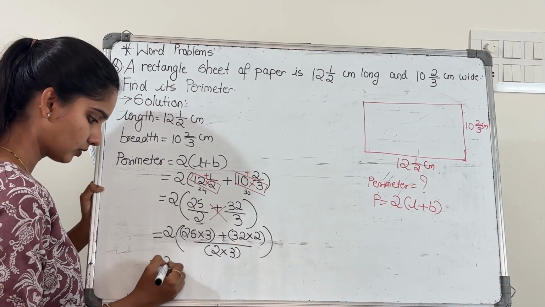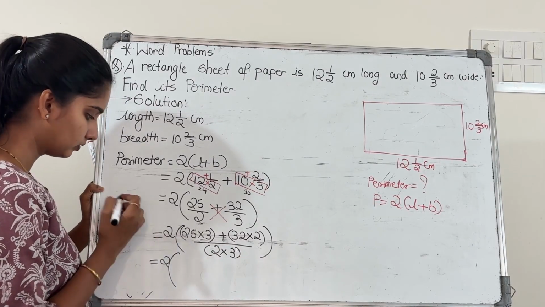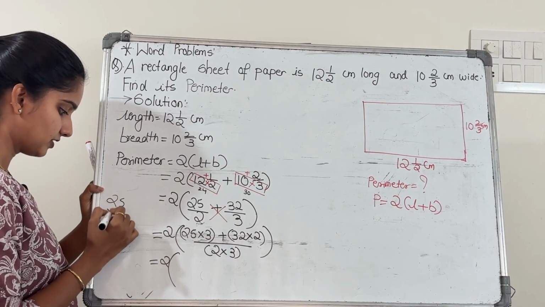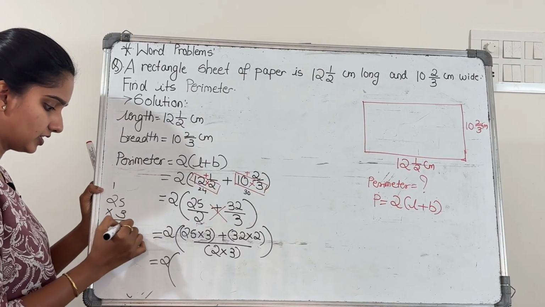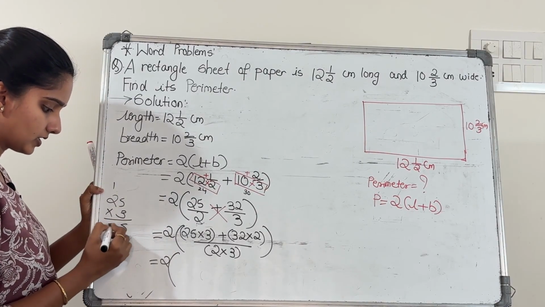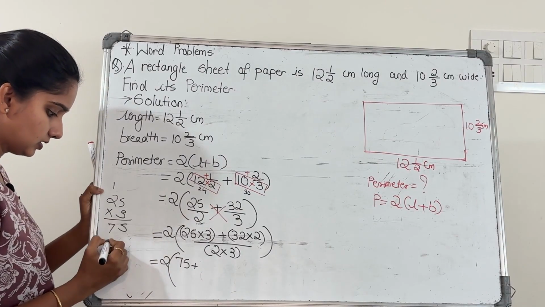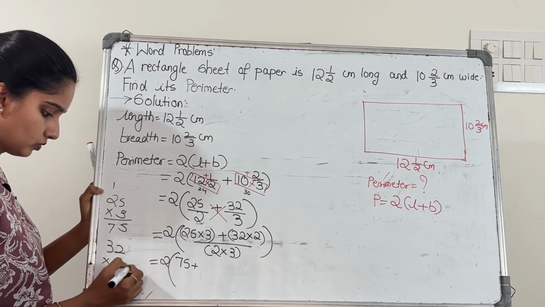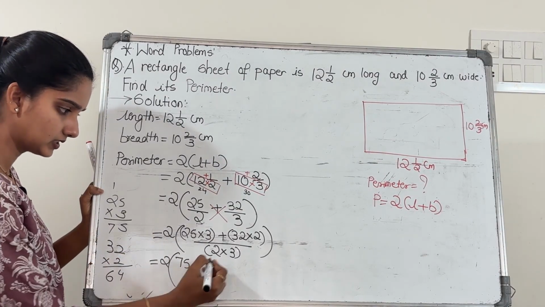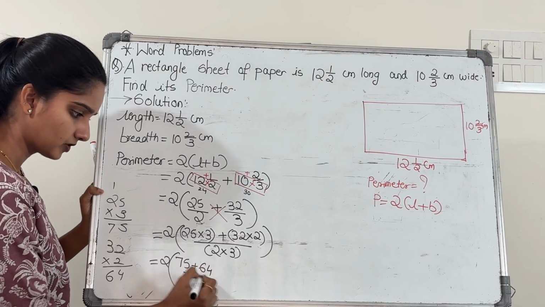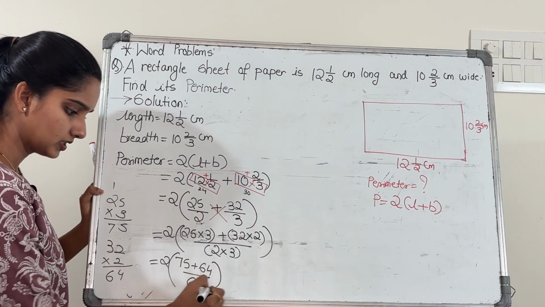Now let us see what we are getting. 25 into 3: 3 5s are 15, 3 2s are 6, 6 plus 1 is 7, so 75, plus 32 into 2: 2 2s are 4, 3 2s are 6, so it is 64, upon 3 2s are 6.